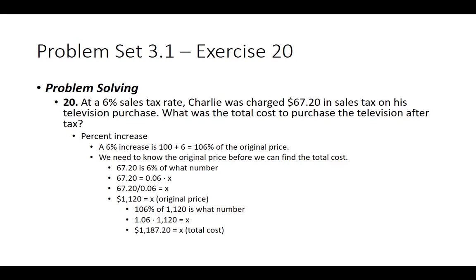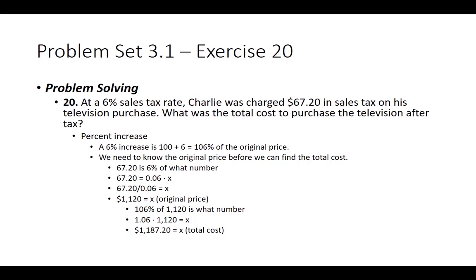Now, there are a couple of ways we can arrive at the final answer of total cost. One of them is by considering it a percent increase problem. A 6% increase would be 100 plus 6, or 106% of the original price before sales tax.